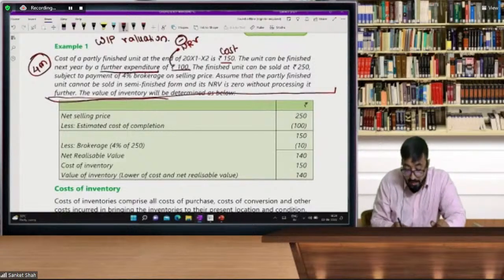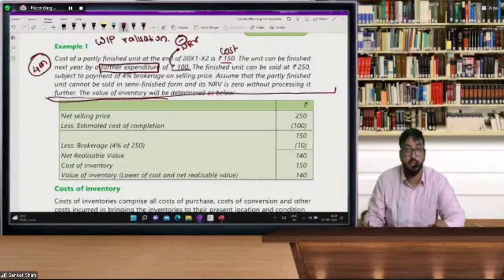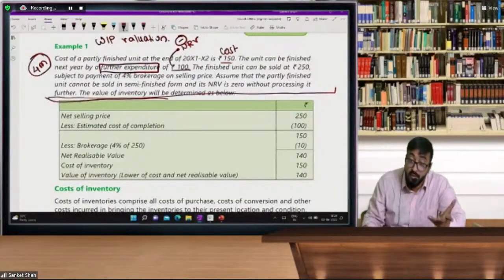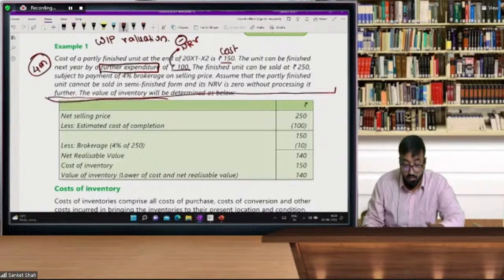Further expenditure, future cost. Future cost, instead of adding it in cost, we deduct it from NRV. Remember, this is further cost of completion. And remember, we never add this in cost, but we deduct it from NRV.